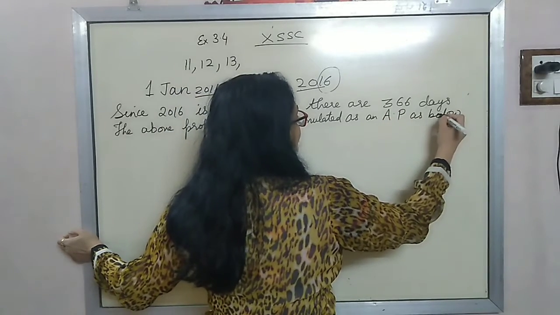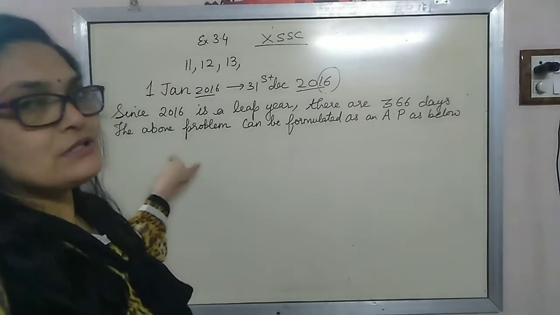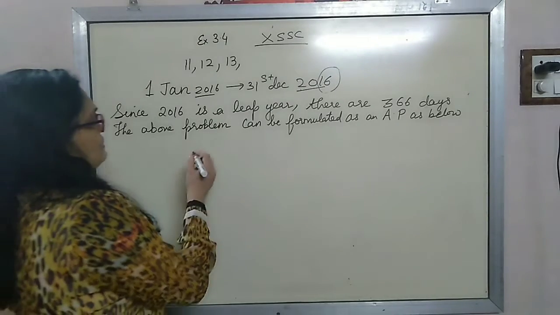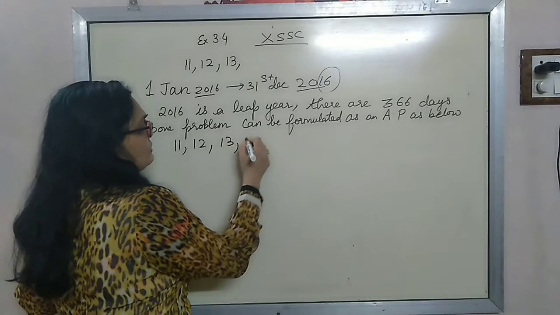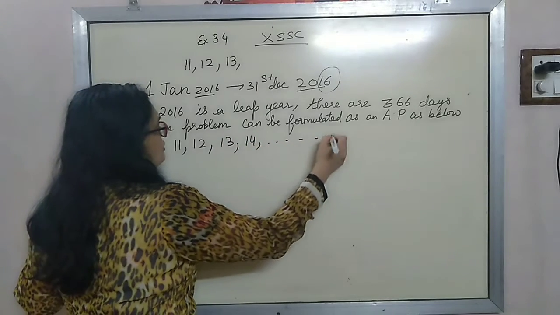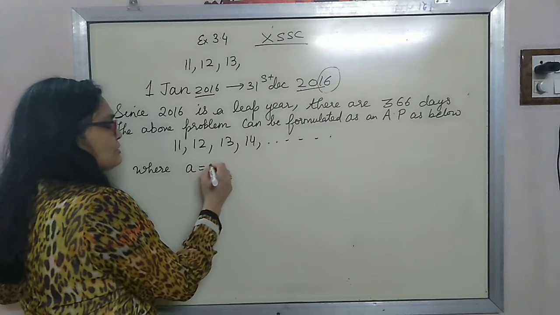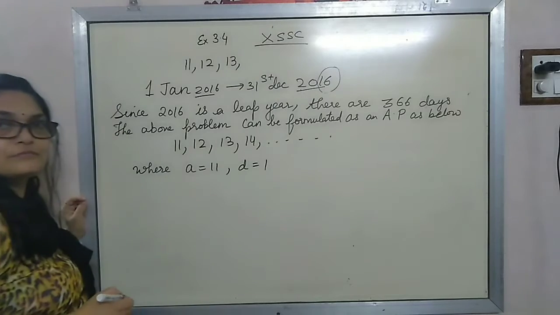See these statements, word problems in AP, you have to write down this sentence. It is very important. Your marks will be deducted. As below: 11, 12, 13, 14 and so on, where A is equal to 11 and D is equal to 1.